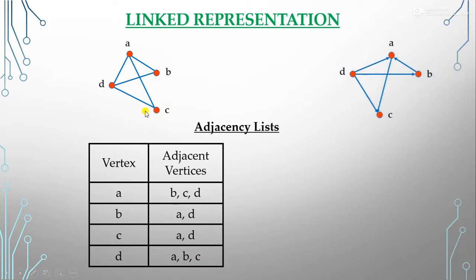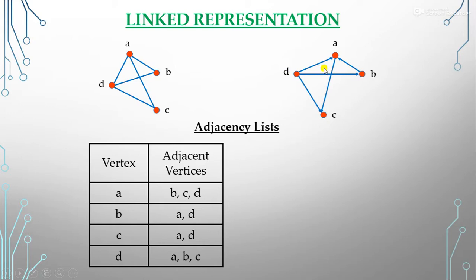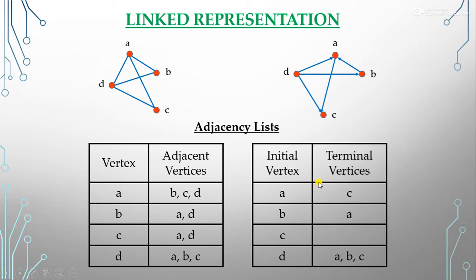Suppose we have the directed graph in which we have the directions, right? And we also call the directed graph a digraph. So here our adjacency list has the initial vertex and the terminal vertex, because we have the directions here, right?